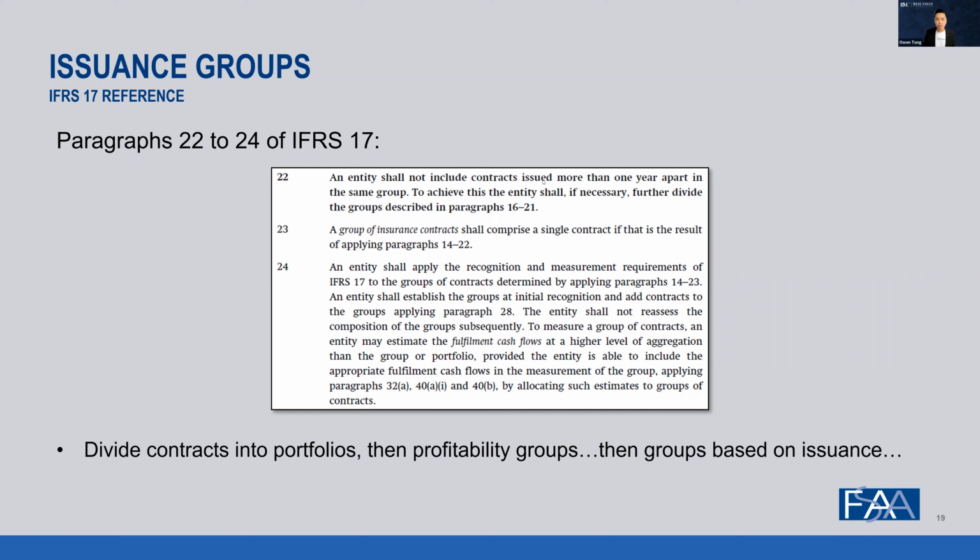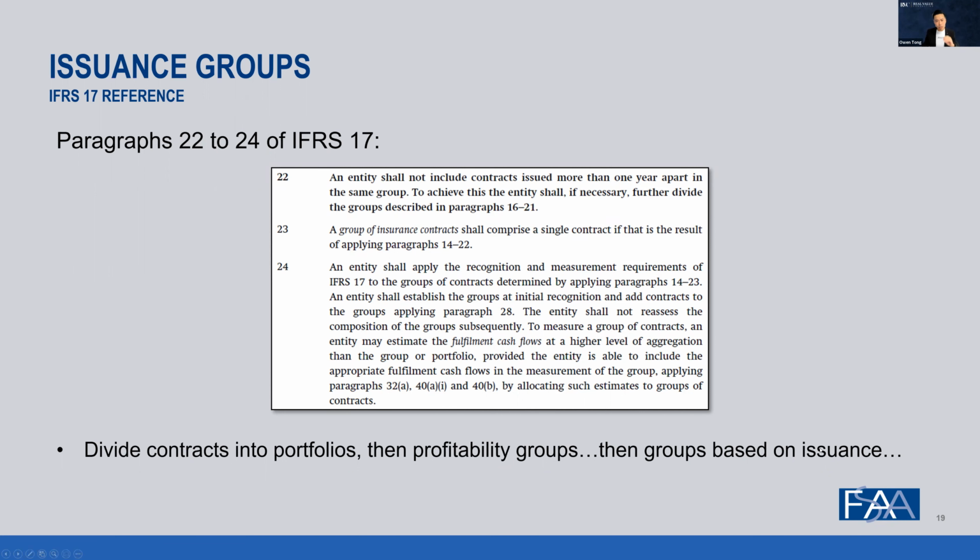If I have contracts issued across a period larger than 12 months, then I need to divide these contracts into an even more granular subgroup within the same profitability group. This is another level of grain that you need to determine and account for. So we need to divide them into portfolios, then profitability groups, then groups based on issuance.